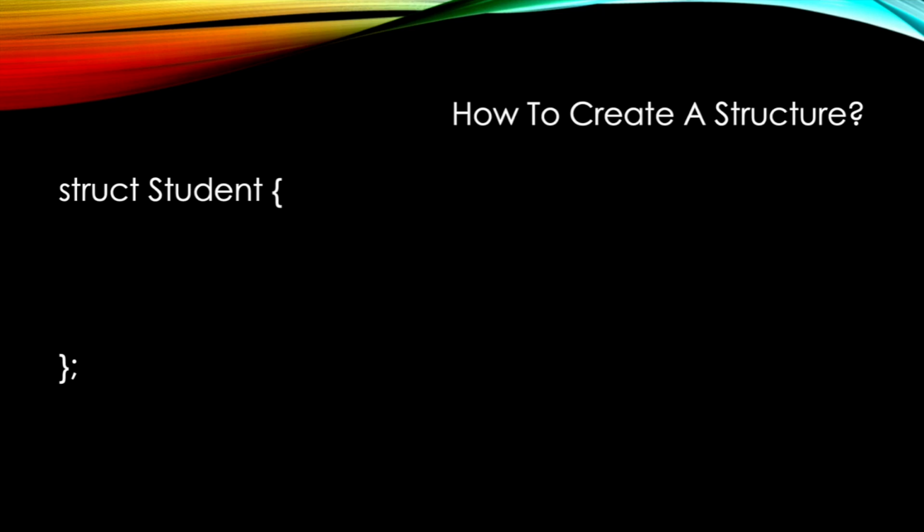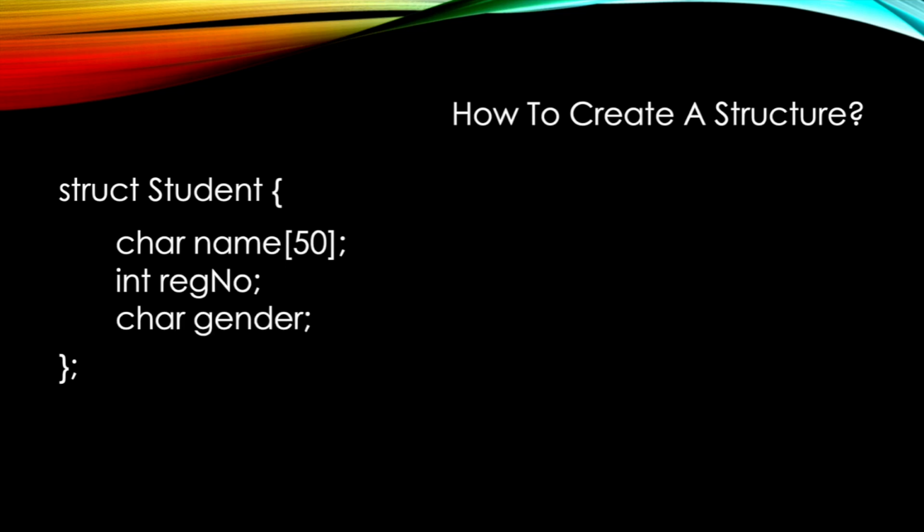Now how can we store different data types in a structure? We are going to see that. For example, we want to represent the name of the student. For that we can create a character array like that. Not only the character array for name, we want a register number. For that we can go with an integer register number, and we are going to use one more variable, gender.